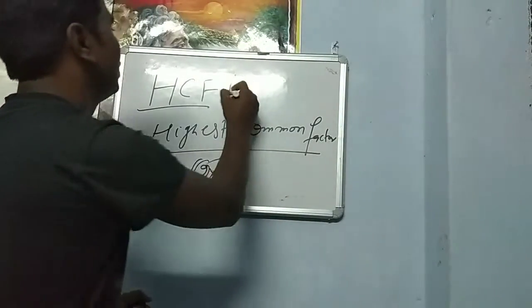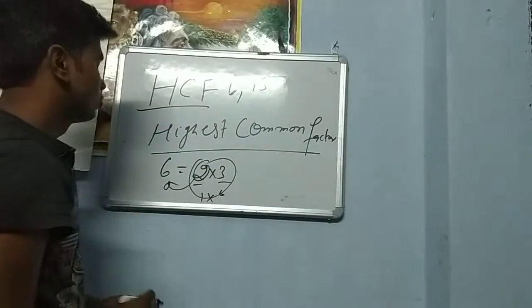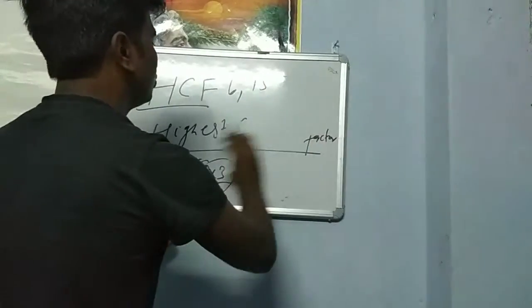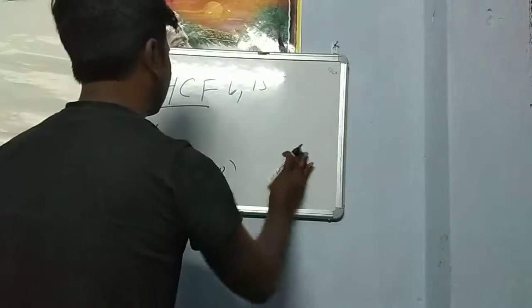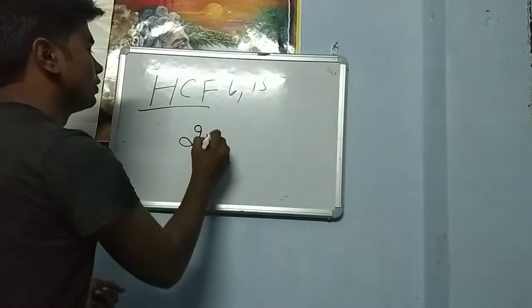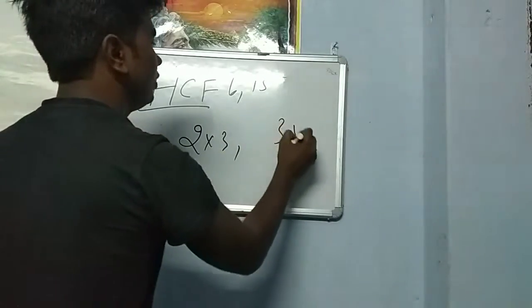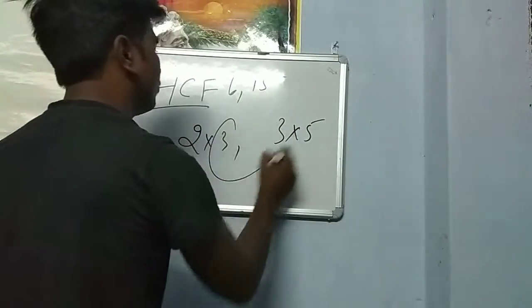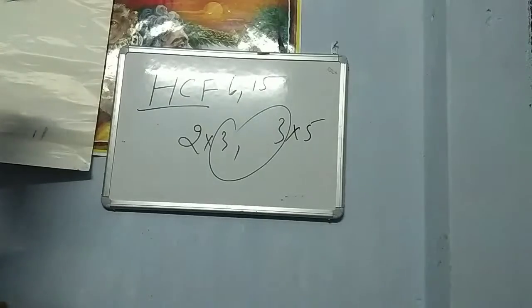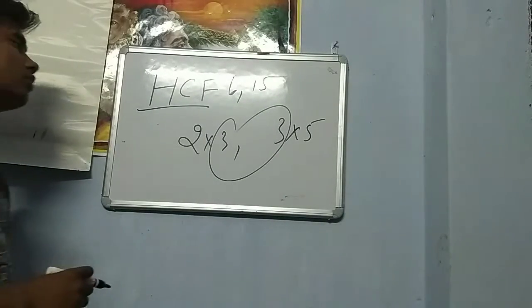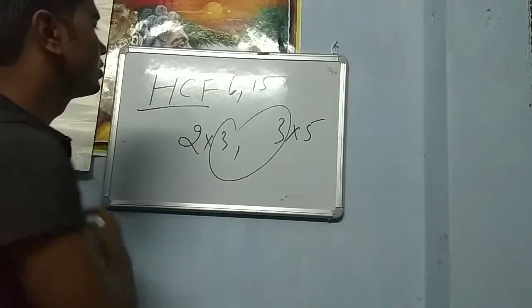Suppose we have 6 and 15, so their factors will be 2 and 3, and 3 and 5. So the common factor here is 3, so that's why we say the HCF of 6 and 15 is 3.